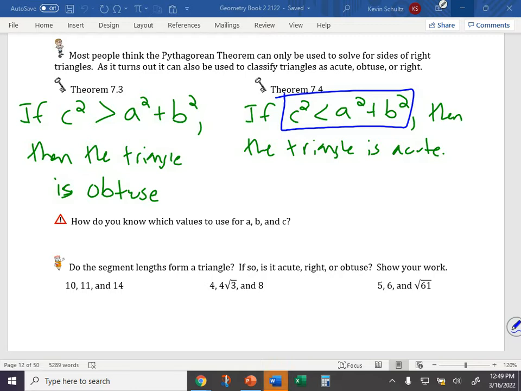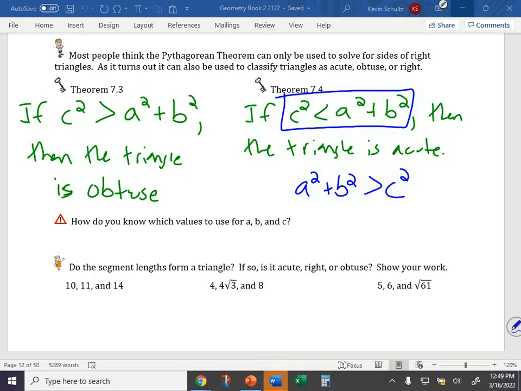What would change? James? Then a squared plus b squared would be greater than. Right. If c squared is less than a squared plus b squared for an acute triangle, that would mean that a squared plus b squared would have to be greater than c squared. Can you see the confusion in the greater than symbol and the acuteness of the triangle, written with c squared on the right side?